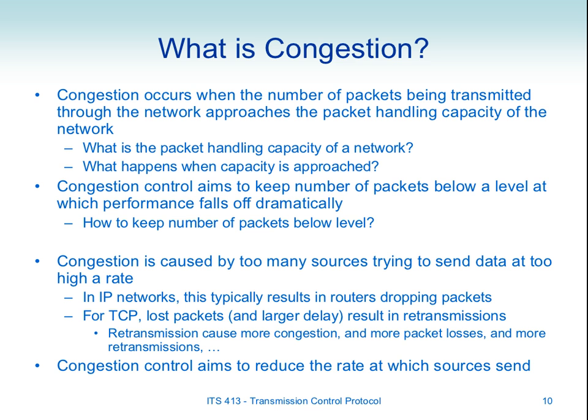So when we talk about congestion in the internet, normally we're referring to the routers in between the source and destination. Congestion occurs in some network in general if the packets being transmitted through that network, going into it and through it, approaches the capacity of that network, the maximum number of packets it can send. We here refer to packets, we could refer to bytes as well.